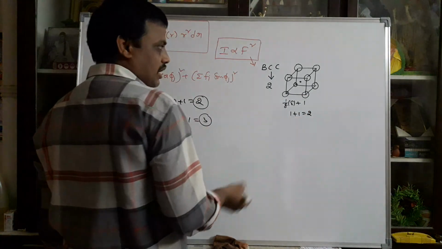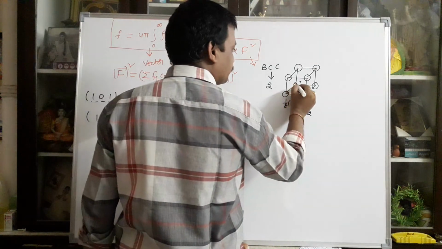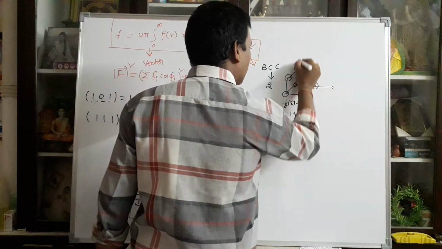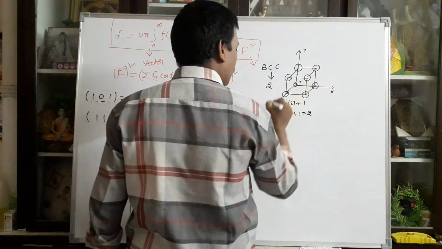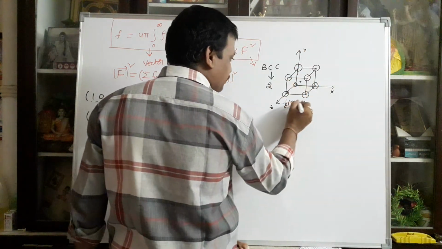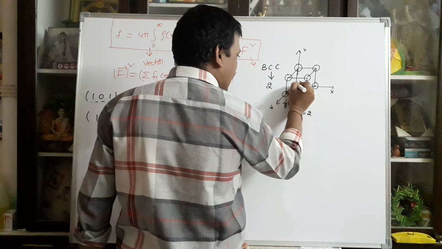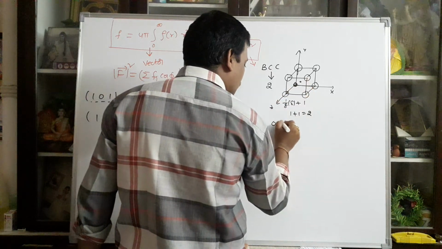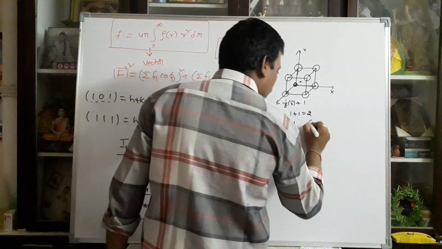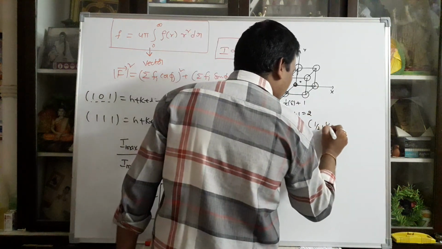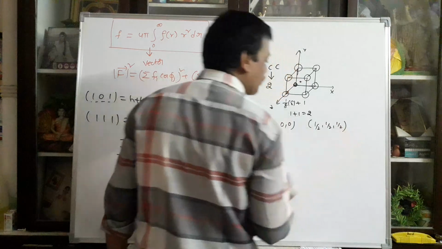Suppose you take this vertex as the origin, with x, y, z axes. The first lattice point is at the origin, and the body center is at 1/2, 1/2, 1/2.